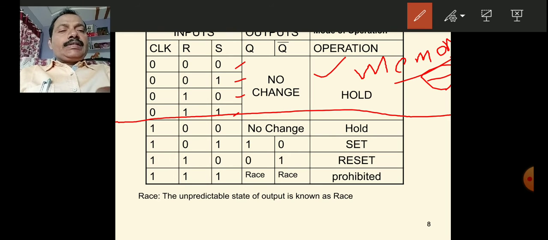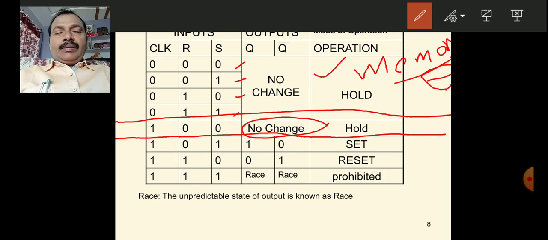So now let us see another case of this. Already I explained, but once again I am highlighting this point. When the clock is 1 and the inputs are 0 0, already we have discussed this combination. That means there is no change in the output that we found in our analysis. Just now we analyzed by applying this combination. That means in this also the flip flop acts as memory.